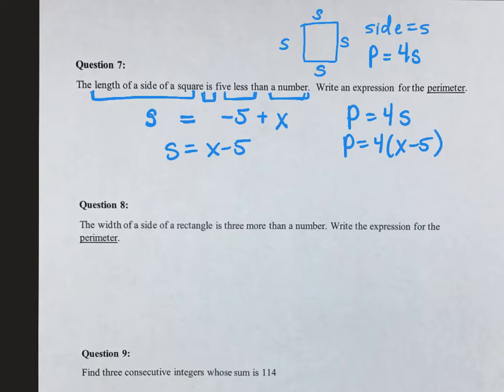And then now I can distribute. 4 times X, 4 times negative 5. And my perimeter is equal to 4X plus 4 times negative 5. Let me clean that up a little bit.